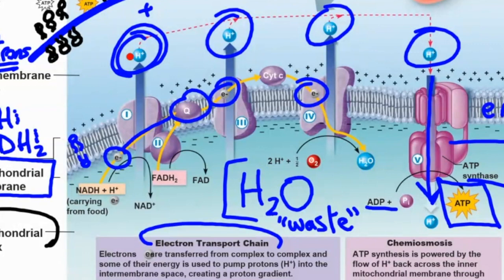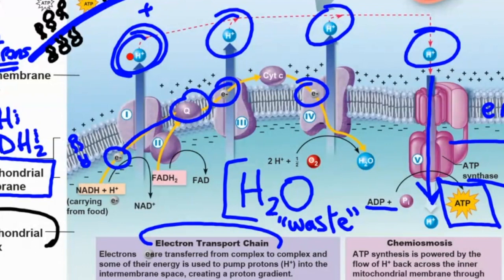Okay, what is the final electron acceptor from this whole process? Well, watch me. Electrons were torn off and passed along the membrane. And when the hydrogen ions were pumped across, that H plus needed an electron to balance it, right?